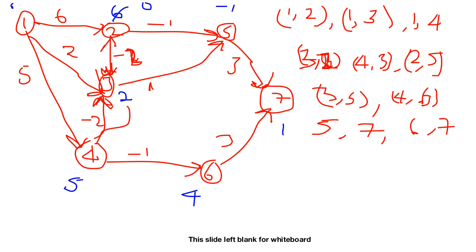So maybe we move to the second one. From 0 to 2, we have 6, but currently we have 0, so you retain it the way it is. We are moving from 1 to this, so 0 plus that becomes 2. 2 plus 2 minus this becomes 0, which is already given. 5 minus 2 becomes 3.